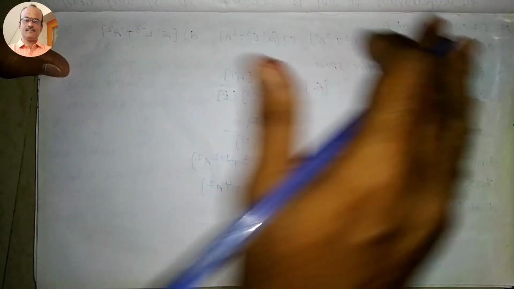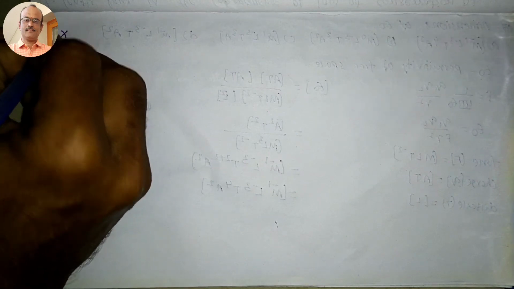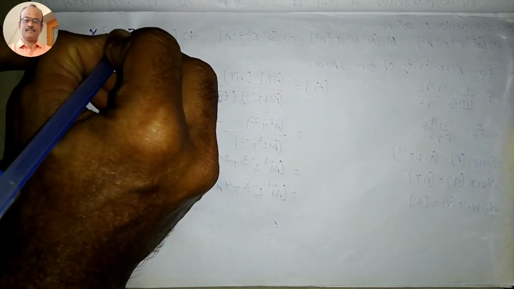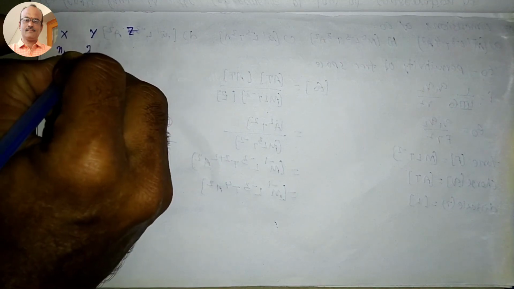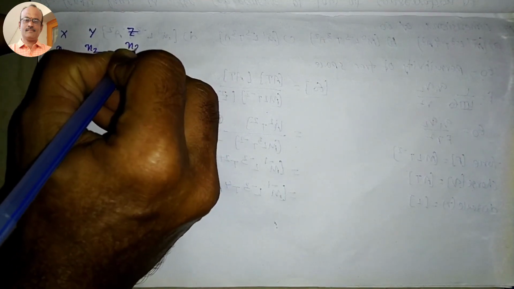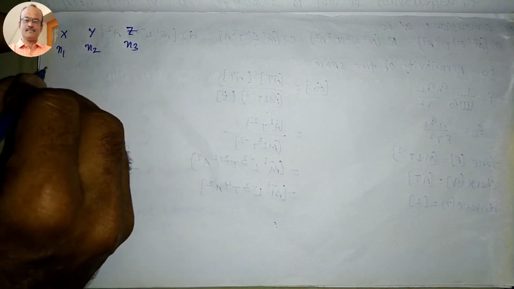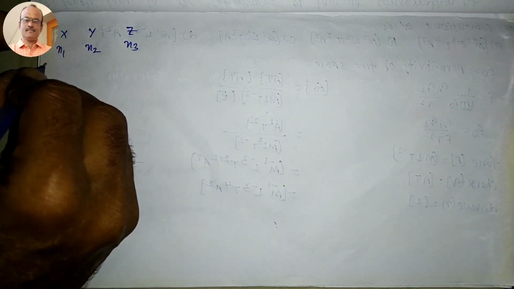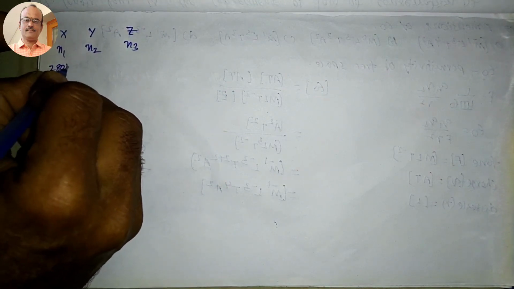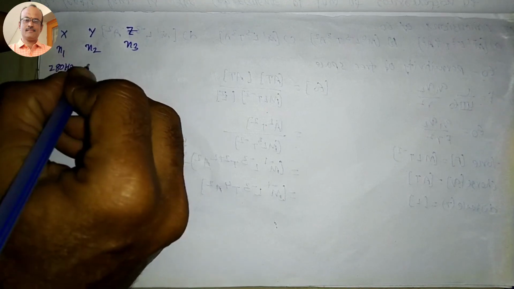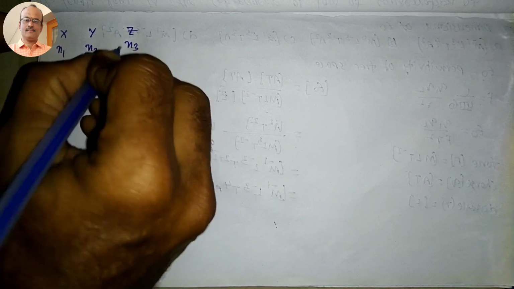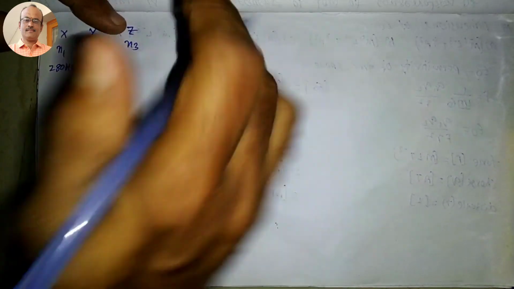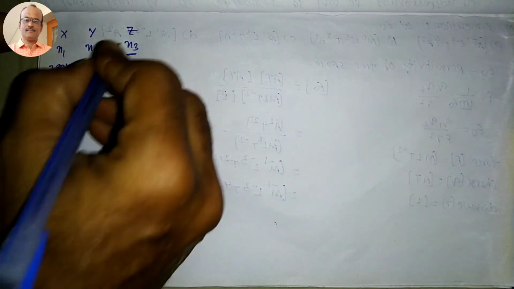Now in this question, what is given here? X, Y and Z are the three tuning forks. X frequency N1, Y frequency N2, Z frequency N3. N1 frequency is given as 280 Hz, and N2 frequency is given as 284 Hz, and N3, that is Z frequency, is not given. That is the unknown frequency we want to find here.